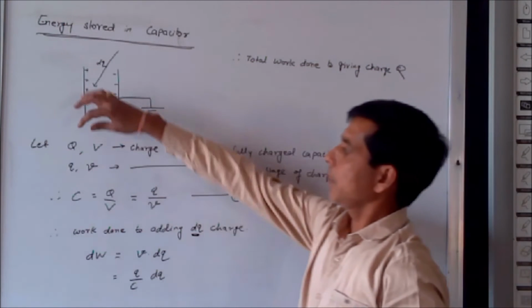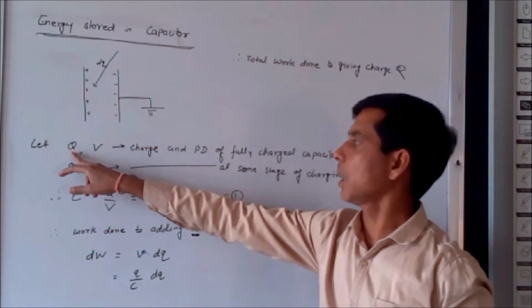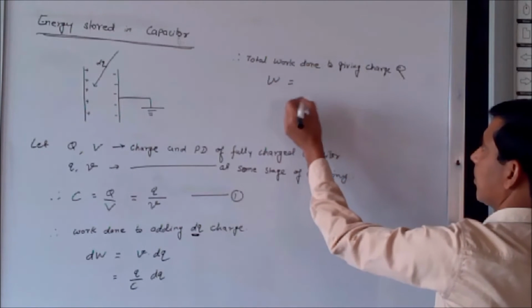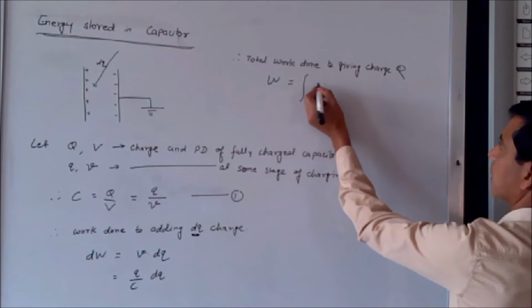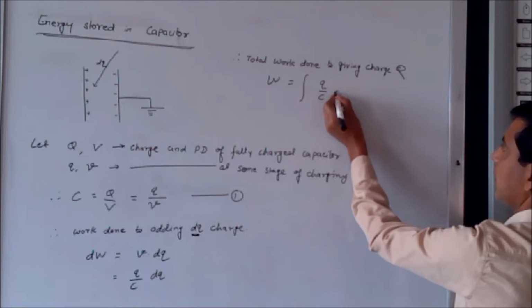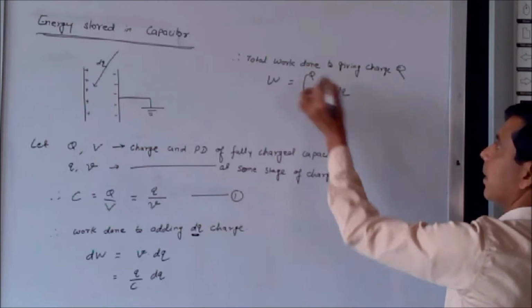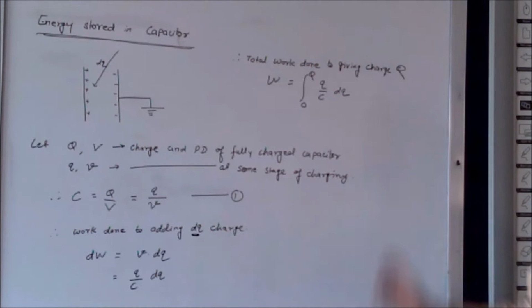Our target is the given total charge Q. Then what will be the work done for total charge Q? Then total work will be W equal to the integration of q by C dq, and the limit will be 0 to capital Q because the total charge is Q.